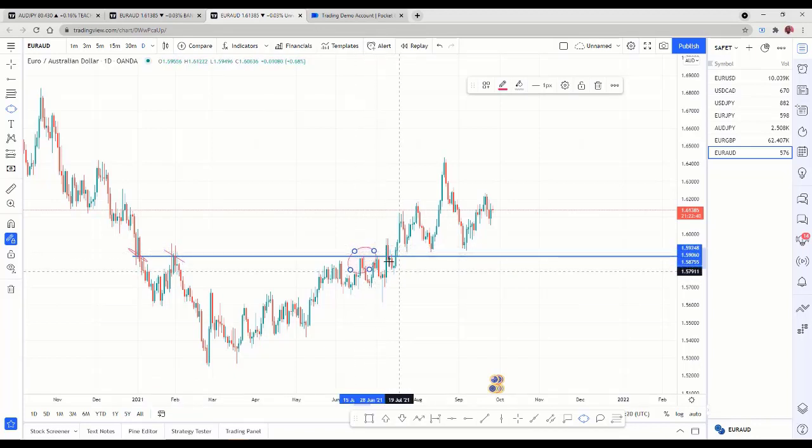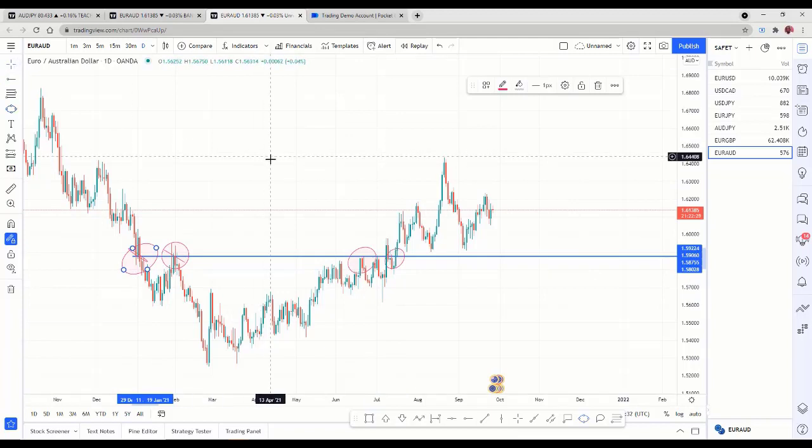This area, just like these areas, could be said to be a support line or a resistance line, depending on the part it is playing at that moment.